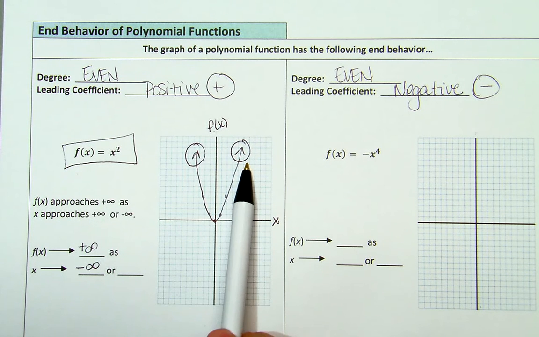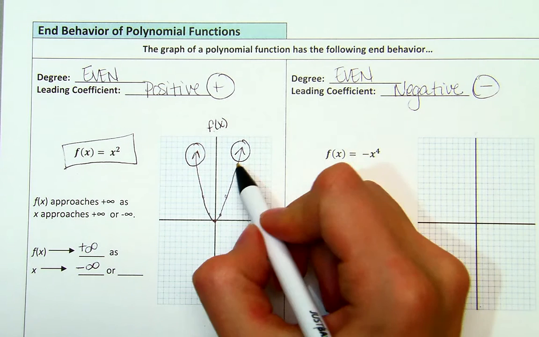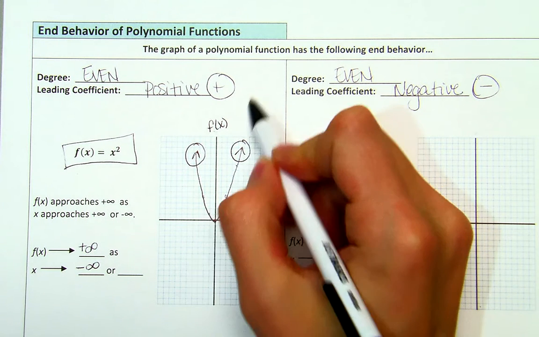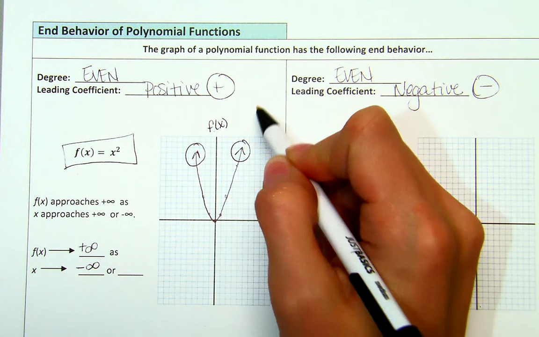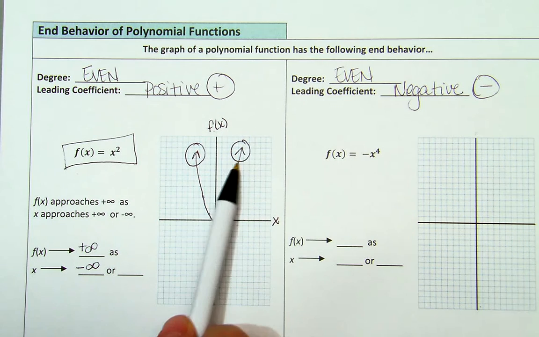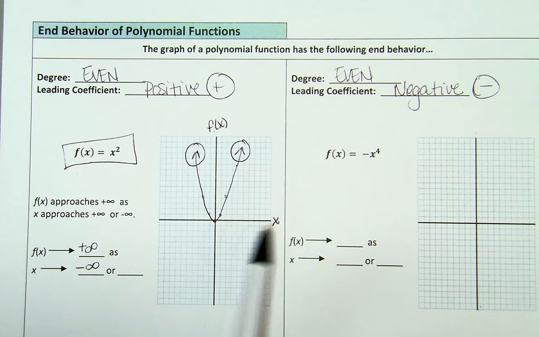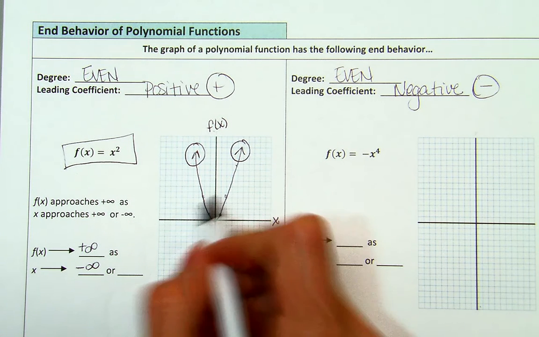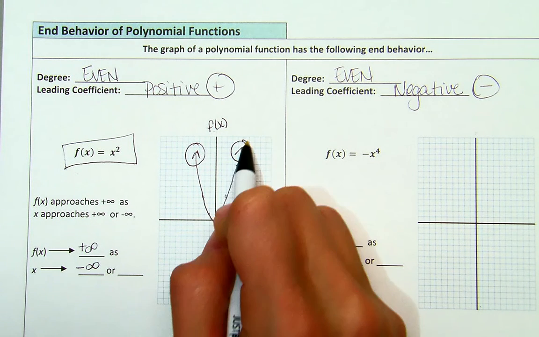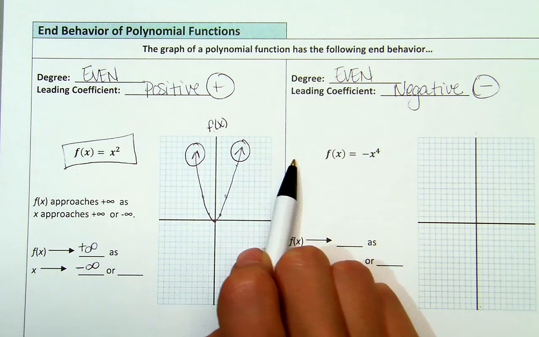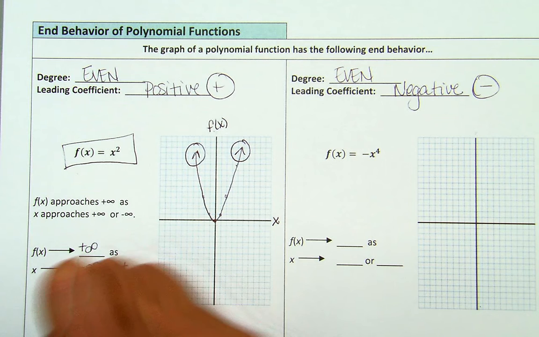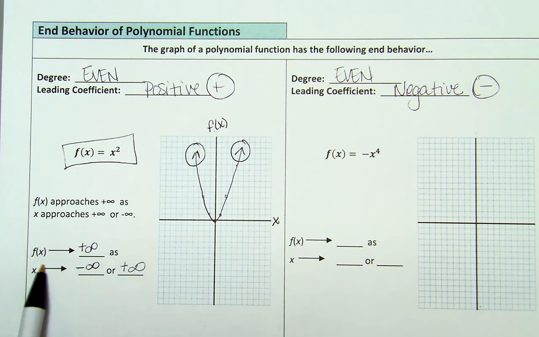My other arrow is also going toward positive infinity for y. It's getting bigger and bigger going up, but this arrow is in the positive x region. So as it gets bigger moving upward, it's also getting bigger moving outward to the right, in the positive infinity x direction.